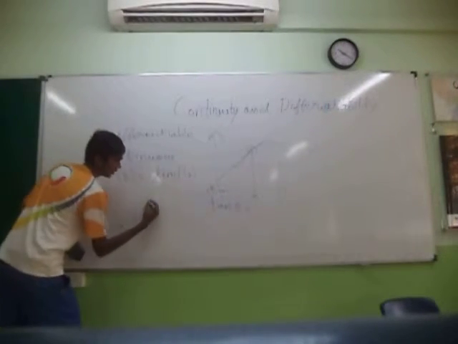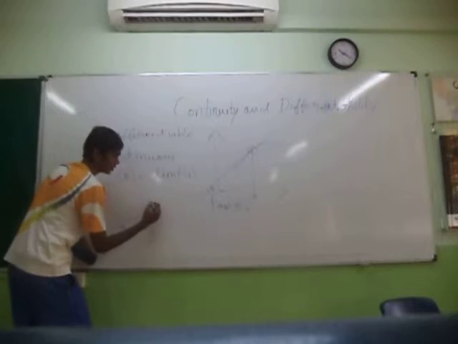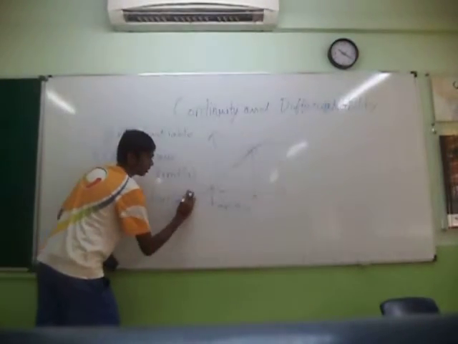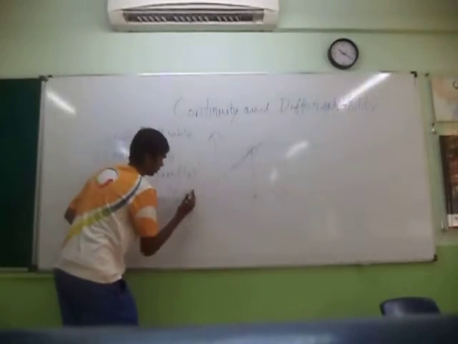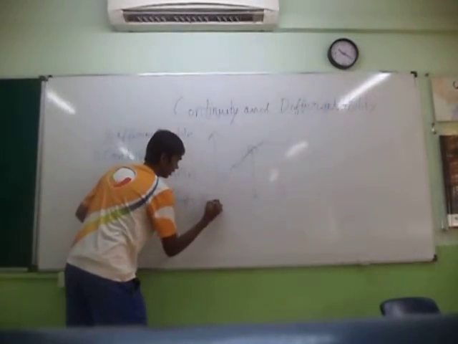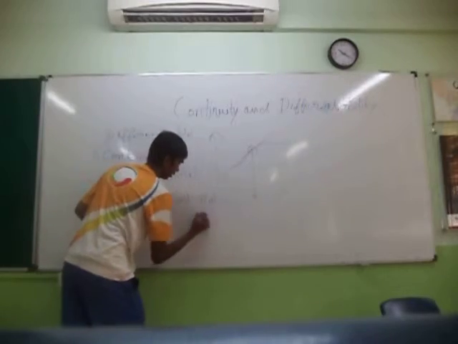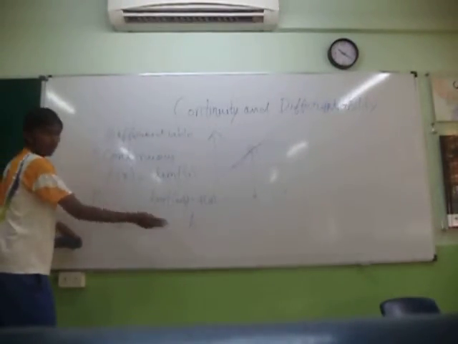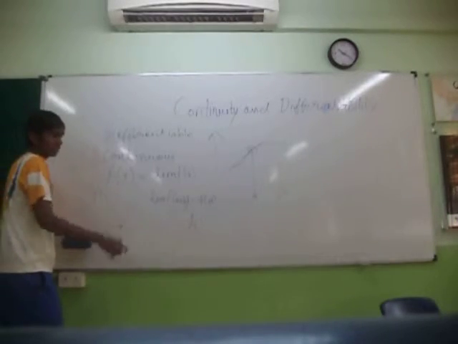This means that the derivative at this point, that is the limit of f(a + h) minus f(a) upon h, the derivative of the function at that particular point, should exist.